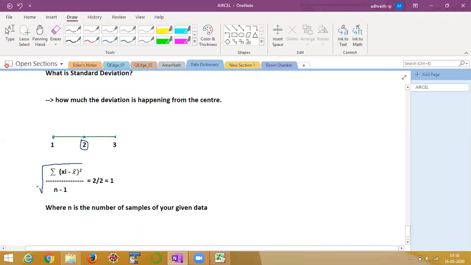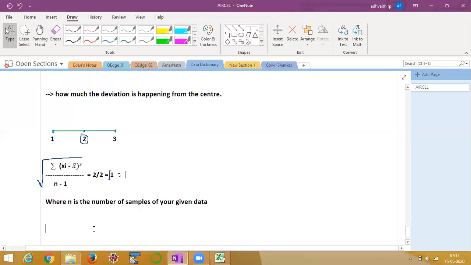Initially I made it square to cancel that minus values, so now I take the square root to remove that square. So root 1 becomes again 1. That means there is a deviation of 1 from the center, which is the mean. This is the standard deviation.